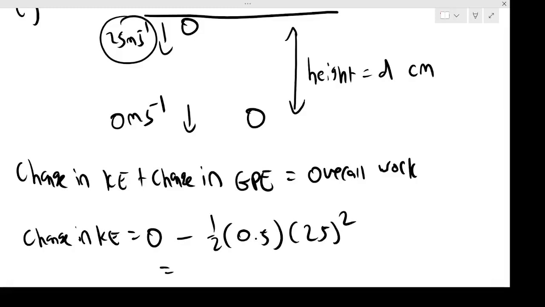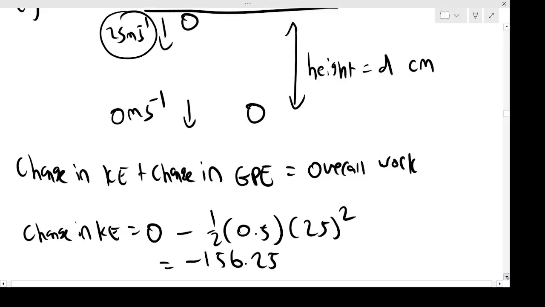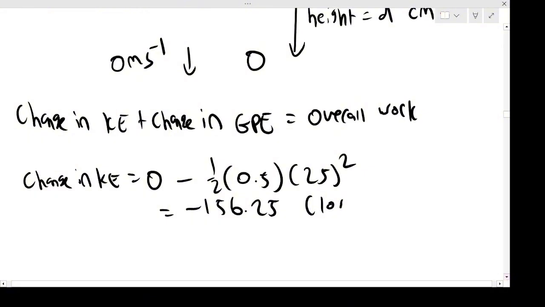That's going to be minus 156.25. And again, it's negative because you lose kinetic energy. I'll make a note it's a loss, but I do need to keep the sign, the negative.